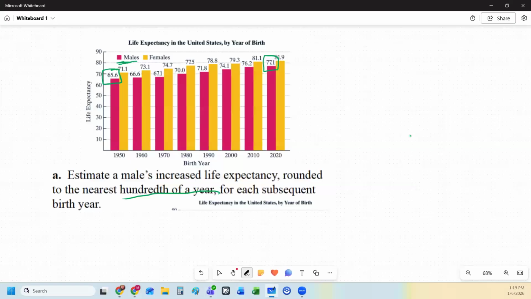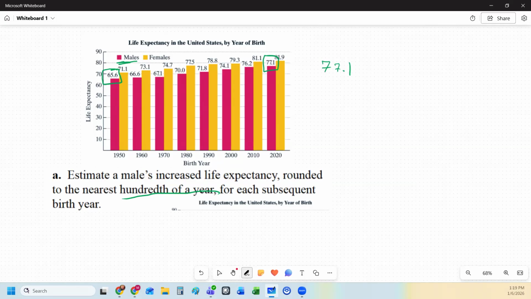To estimate his increase, I'm going to find the difference and then divide it by the number of years that the increase happened over. So I'll take that very top value of 77.1, and this is in years.